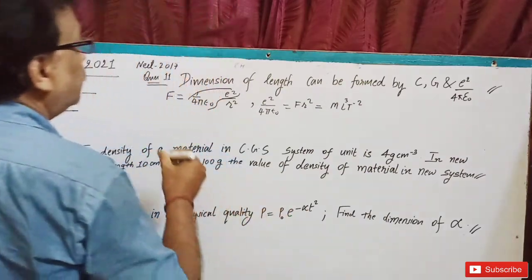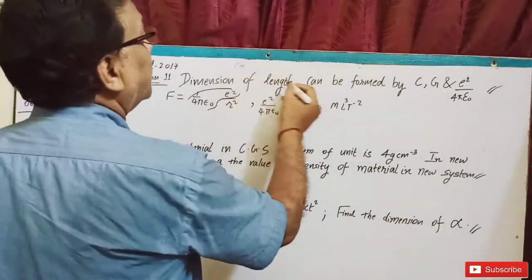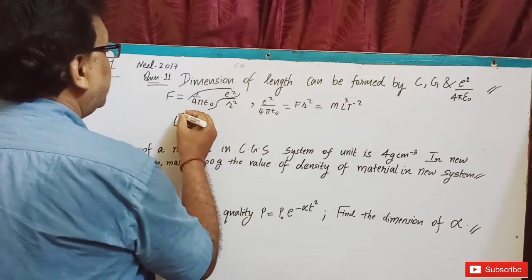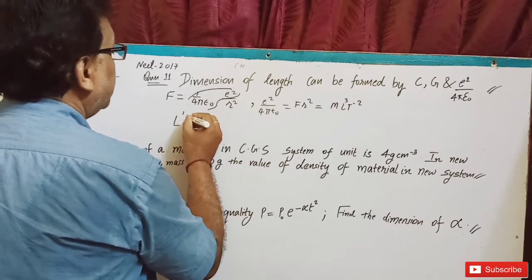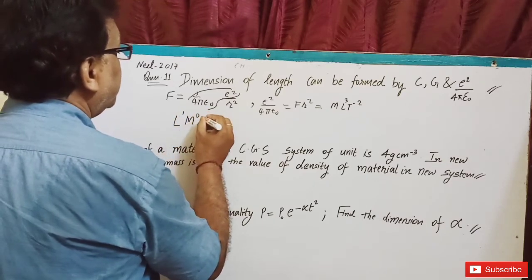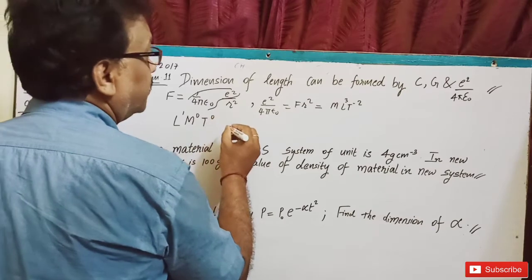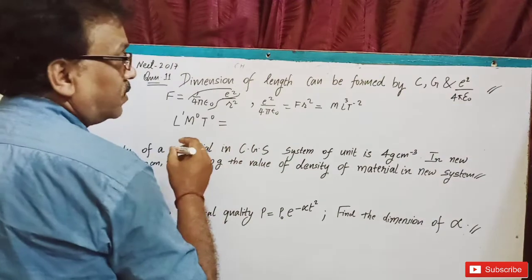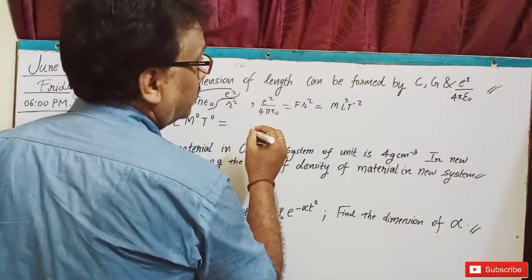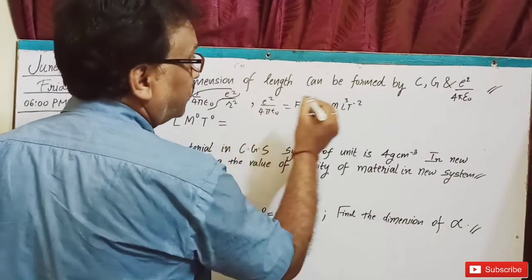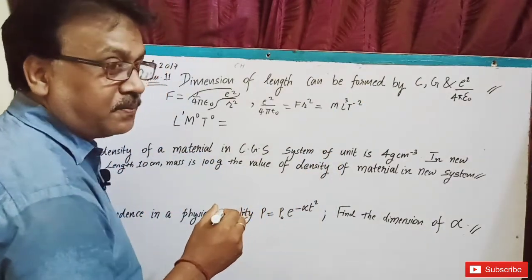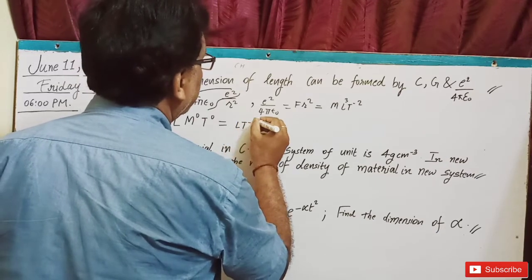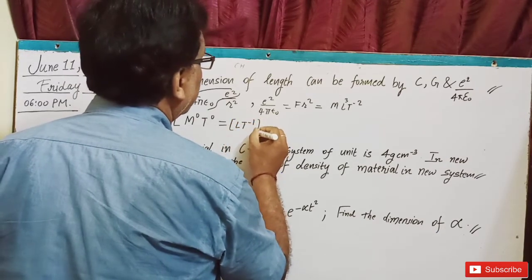Now, how can we determine the dimension of length? Let L to the power 1 M0 T0 be proportional, or you say equal, to c to the power a. c is the speed of light, so LT minus 1 power a.